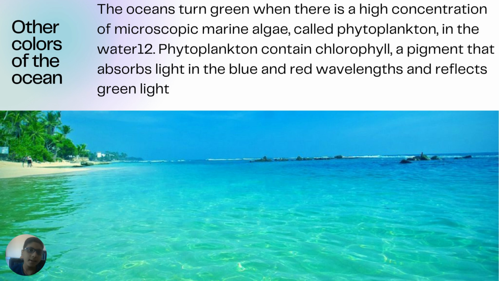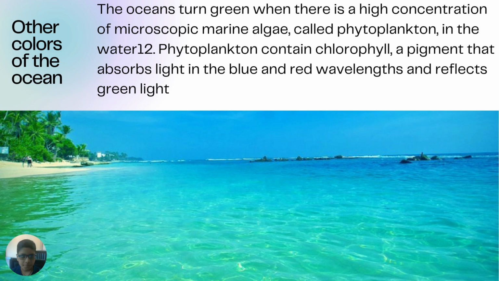Let's read it out again. The ocean turns green when there is a high concentration of microscopic marine algae called phytoplankton. So phytoplankton is basically a microscopic water algae which is responsible for it.